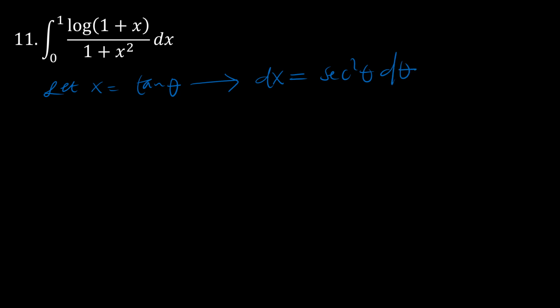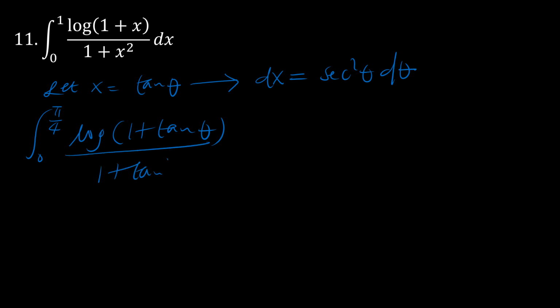Under the limits, when x equals 0 it becomes 0, and when x equals 1 we get pi over 4. We get log of 1 plus tan theta over 1 plus tan squared theta, and dx will be sec squared theta d theta. That would cancel with the denominator because 1 plus tan squared theta is the same as sec squared theta.